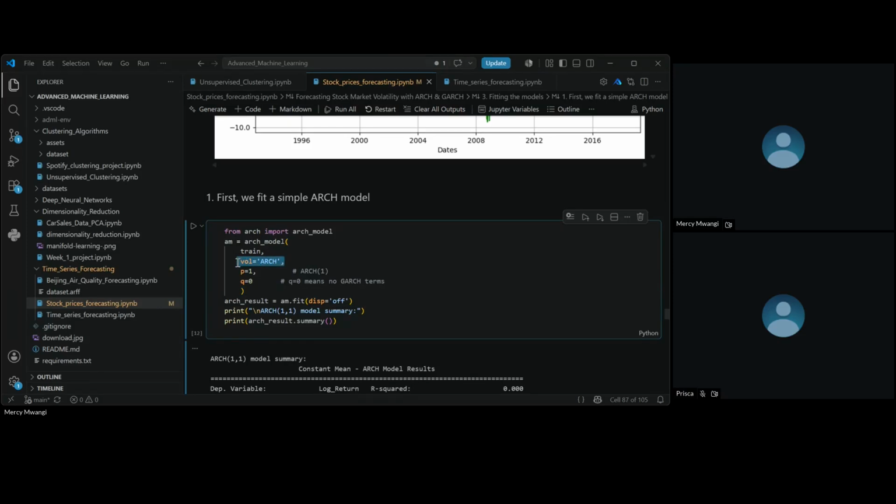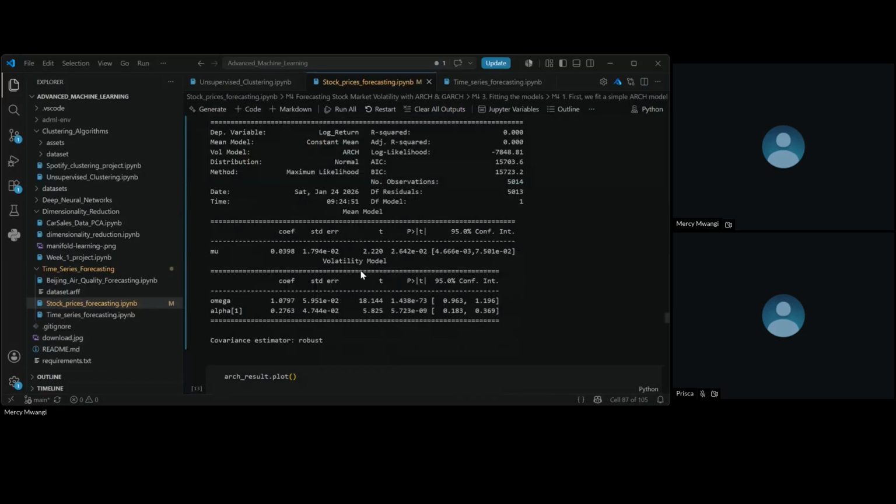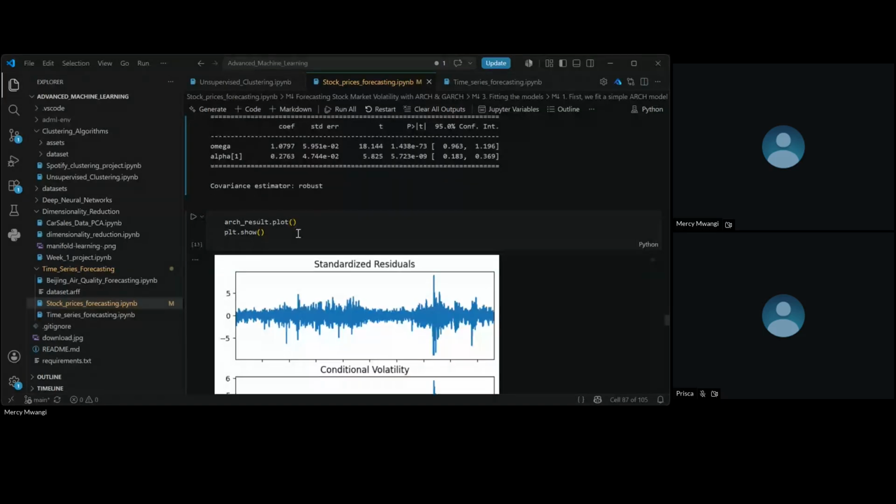You give the order of the ARCH model, which is P equals 1. And then Q is only used when you're applying a variation of ARCH like GARCH. And there you go. It gives us a summary, and then it gives us a report like that.